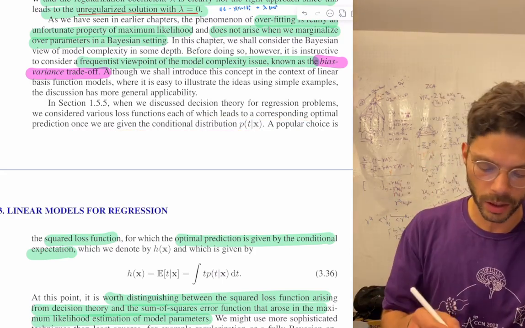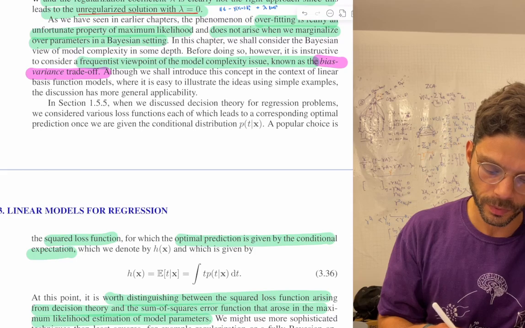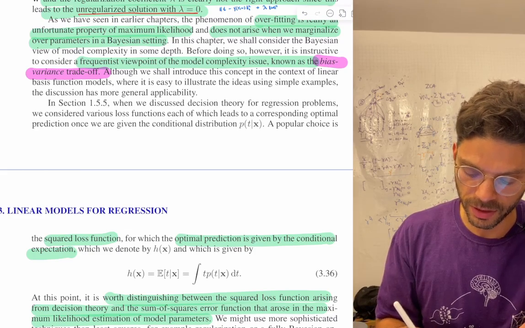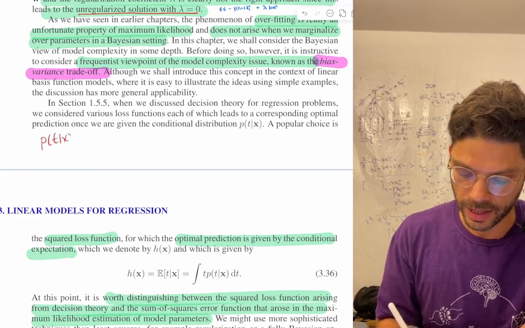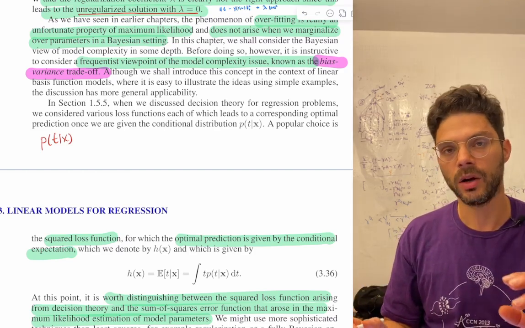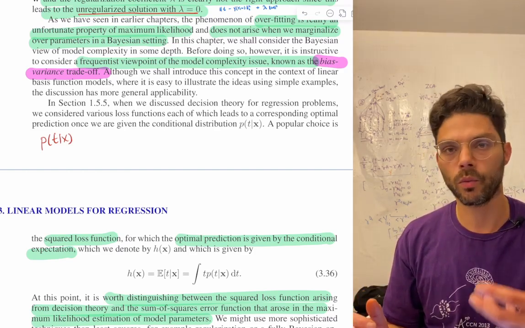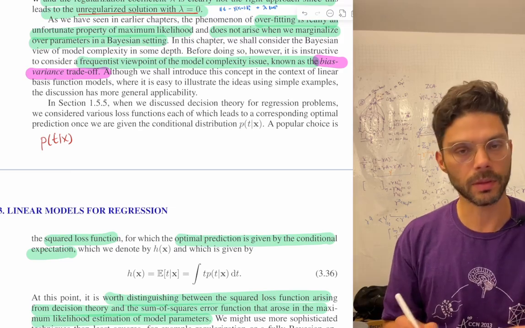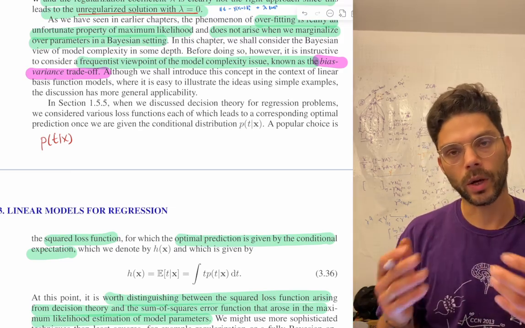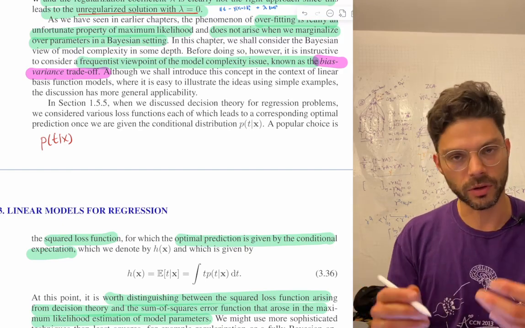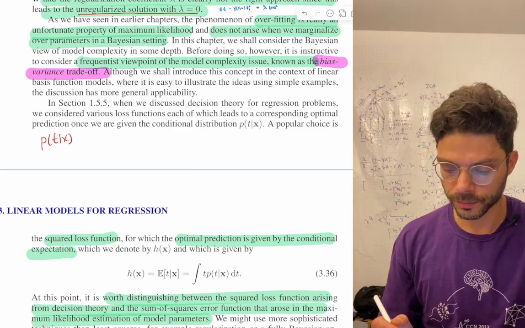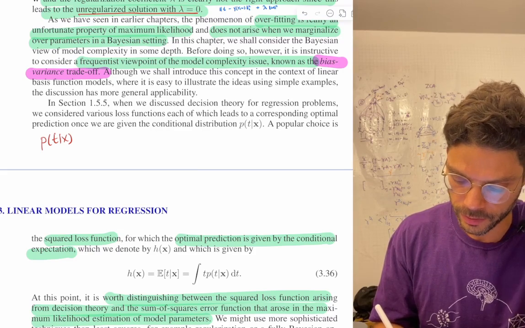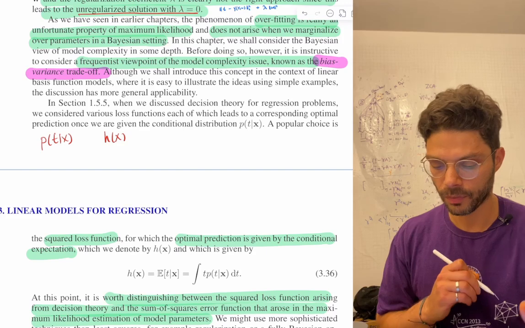So remember the idea there: we're given this p(t|x), and now in decision theory the question was, we want to report one value based on the targets. With the distribution of the targets, what should we report? Let's call that, I don't know, h(x).